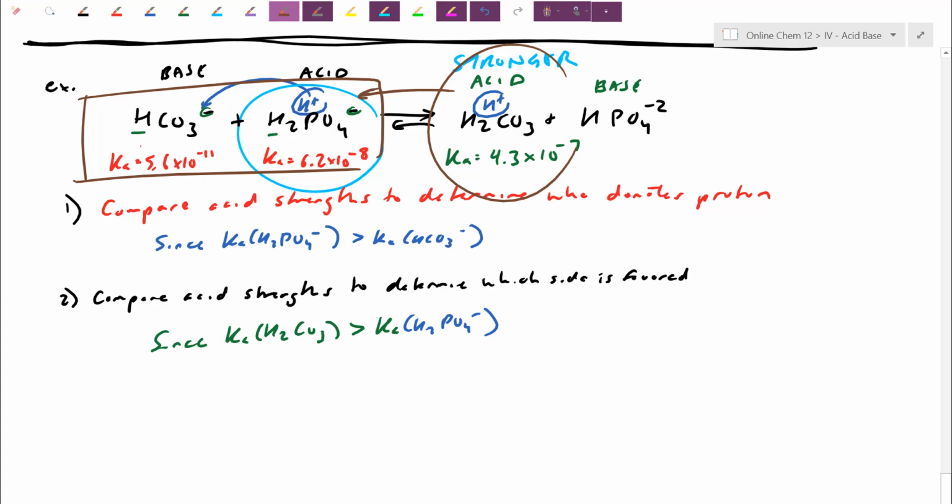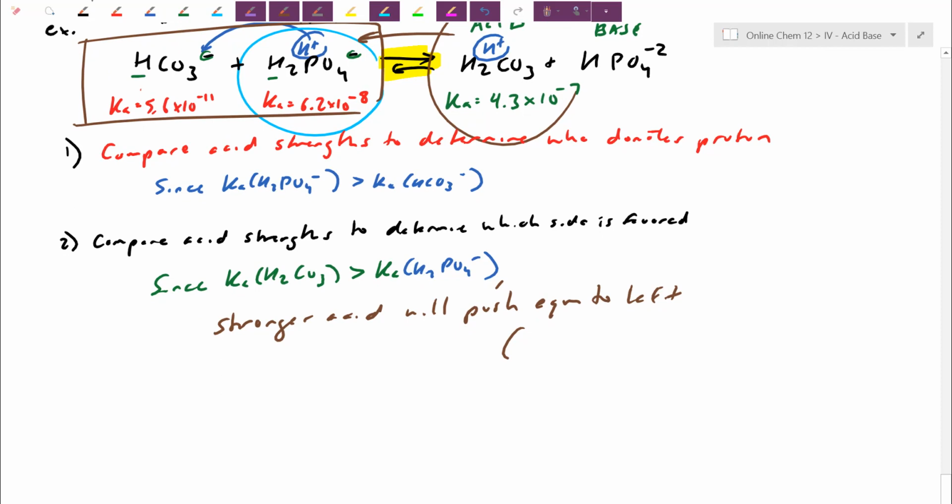So since Ka of H2CO3 is bigger than Ka of H2PO4 minus, the stronger acid will push the equilibrium to the left, and therefore, even though we will end up in equilibrium, we're going to have a balance where we use the phrase, reactants are favored.